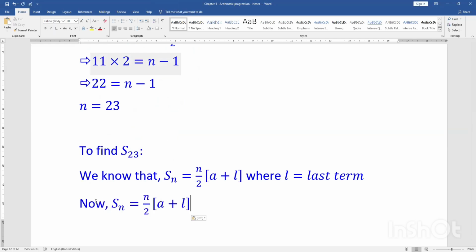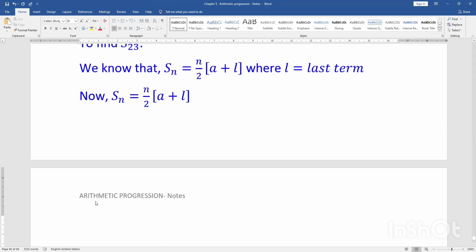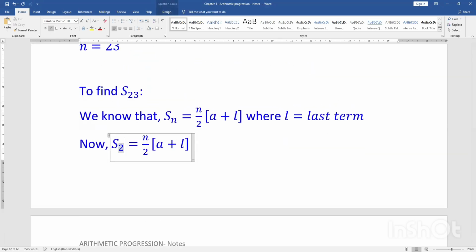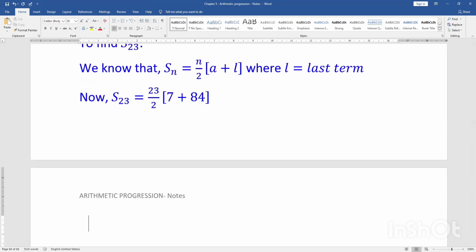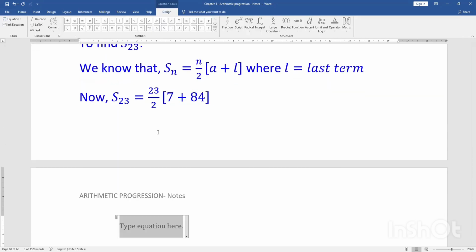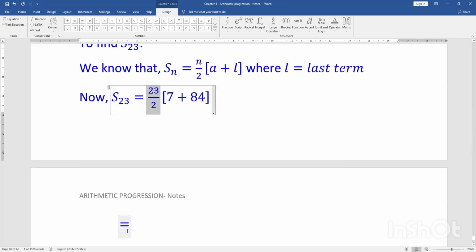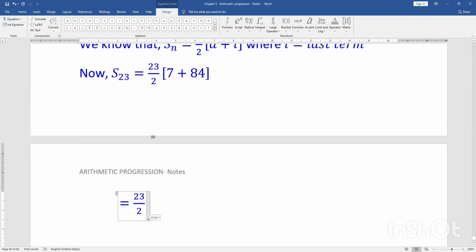Now here n is replaced with 23, here also replaced with 23, a with 7 and l with 84. So it is equal to 23 by 2 into 91, because 7 plus 84 will give you 91.